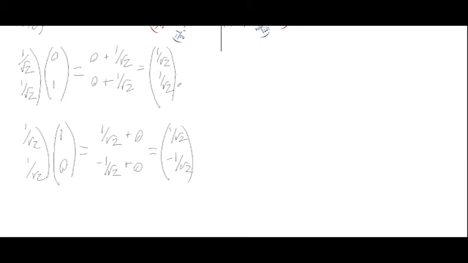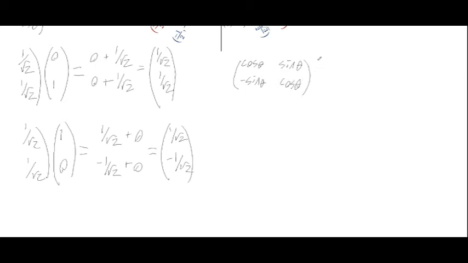So if we want to generalize this, then we can go back to using, instead of these identities, just cosine of theta here, sine of theta here, negative sine of theta here, and cosine of theta here.